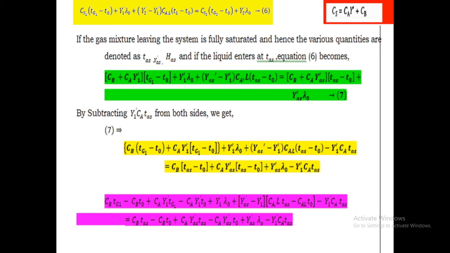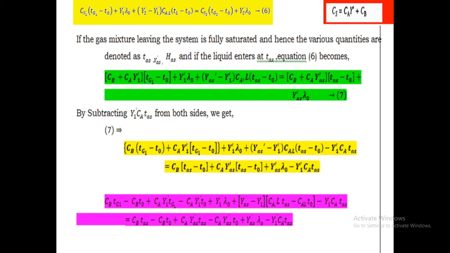So that's why CS2 is equal to Cb plus Ca into Y dash AS. Are you clear or not? Okay. Into Tg2 replaced by TAS. Why? Because this is the outlet condition, fully saturated. Minus T0 plus Y2 dash replaced by Y dash AS lambda naught. This is the seventh expression.